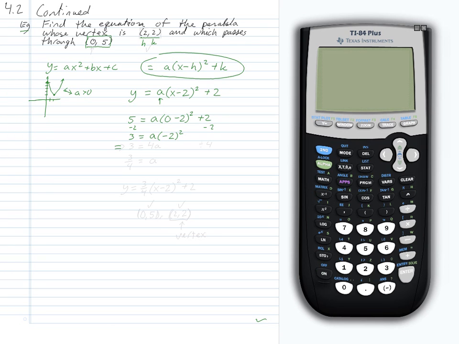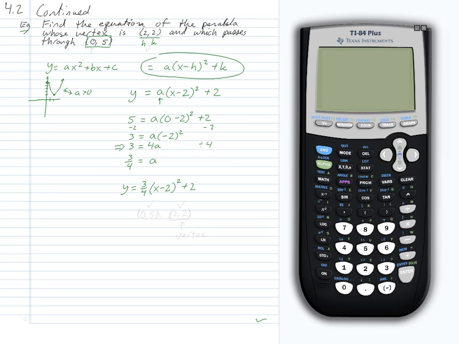So 3 equals 4a. And so if we divide both sides by 4, we find that a equals 3/4. So our final equation is going to look something like y equals 3/4 times x minus 2 squared plus 2.